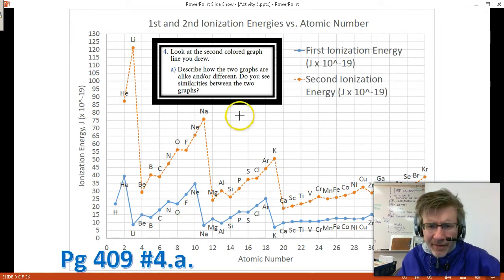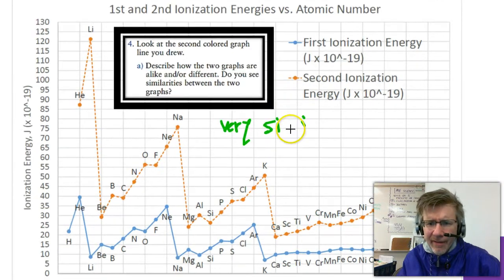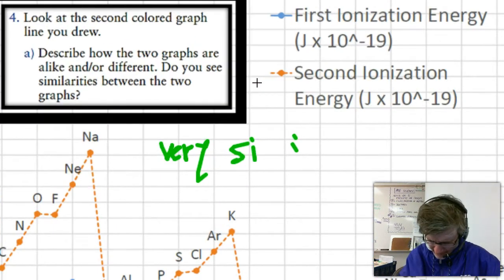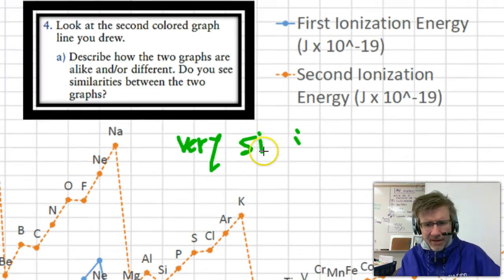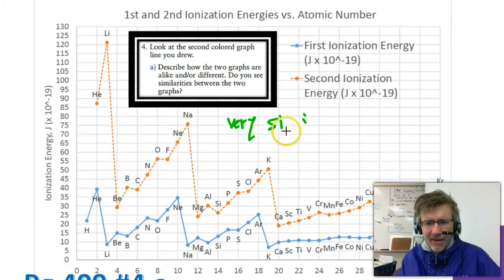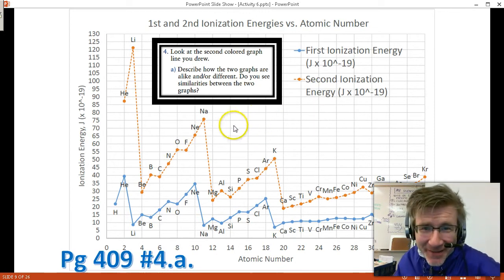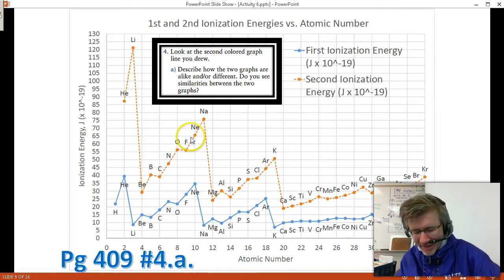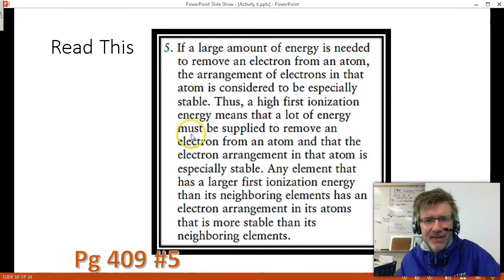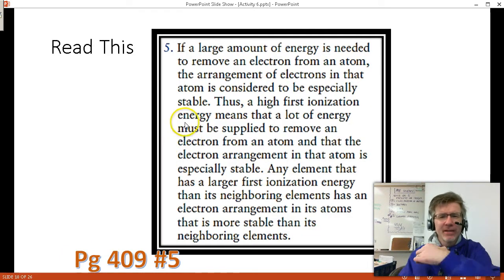So you've got very similar, huge drop-offs, and you've got some elements at the peaks. All right, so read this. I'm going to give you a second to read this.